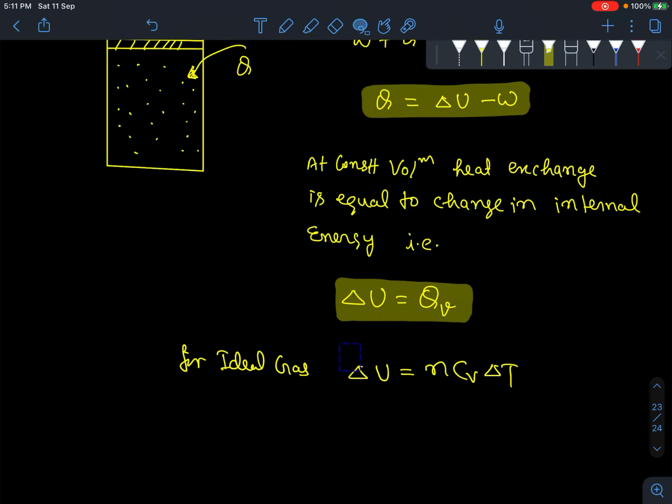Because we know that Q at constant volume, means isochoric process, then this will be molar heat capacity at constant volume, Cv.